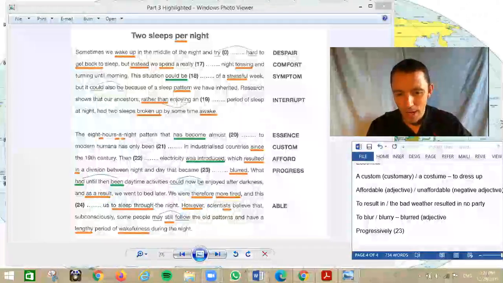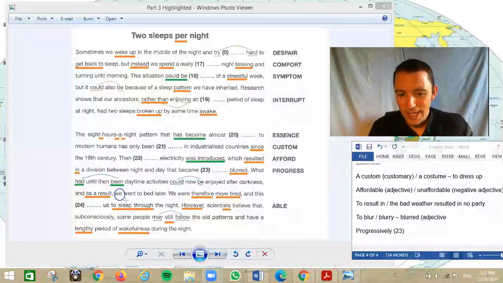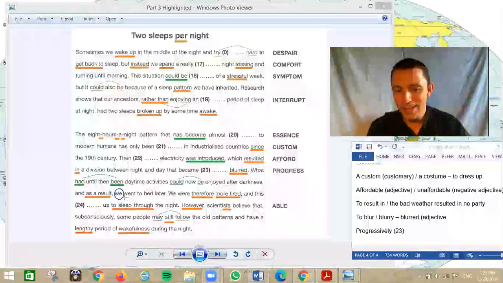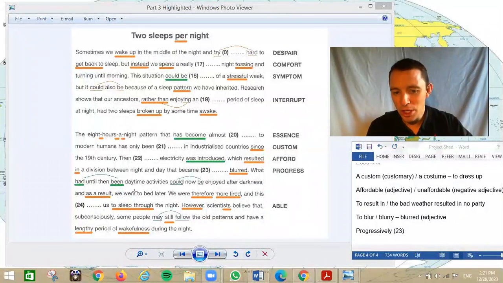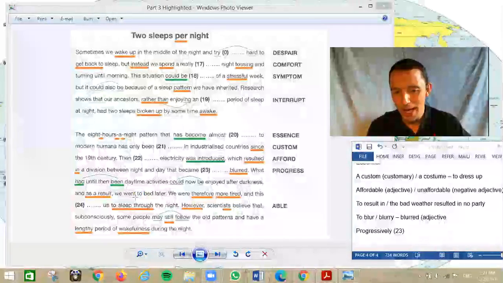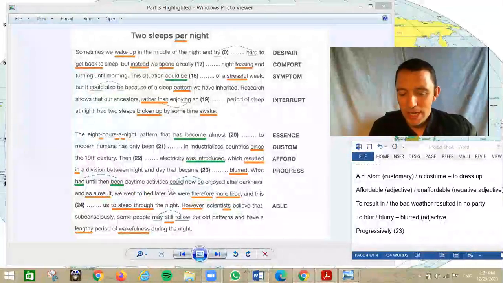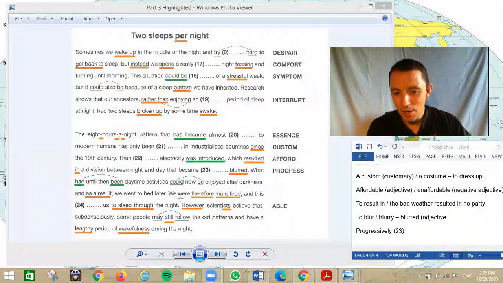Okay, as a result, we is the subject, went is the verb in the past, to go, went, and usually with go to Italy, go to Rome. In the past, went to bed later. No problem. The next sentence, the subject is we, and I think that's no problem. And the verb is to be.